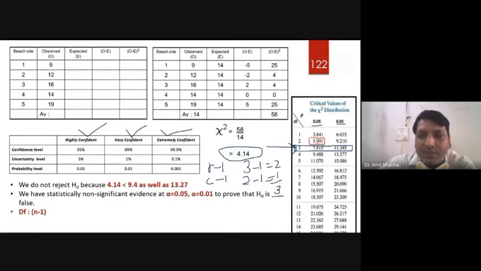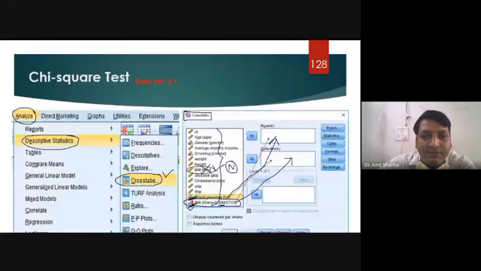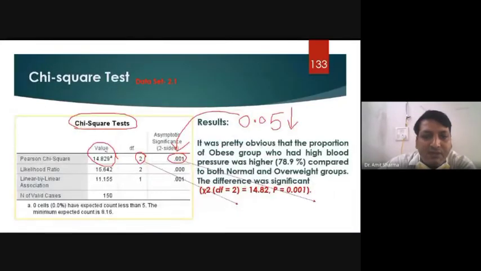So you can compare 5.991 with the value of chi-square 14.82. So 14.82 is more than 5.991. We can assume that our results are on the higher side, and we can say our results are significant, and we are able to reject the null hypothesis.